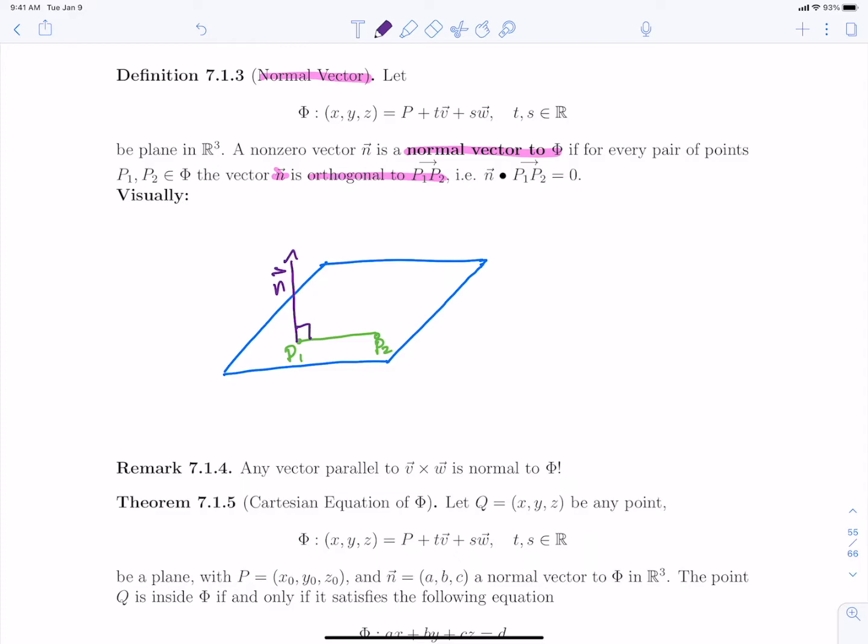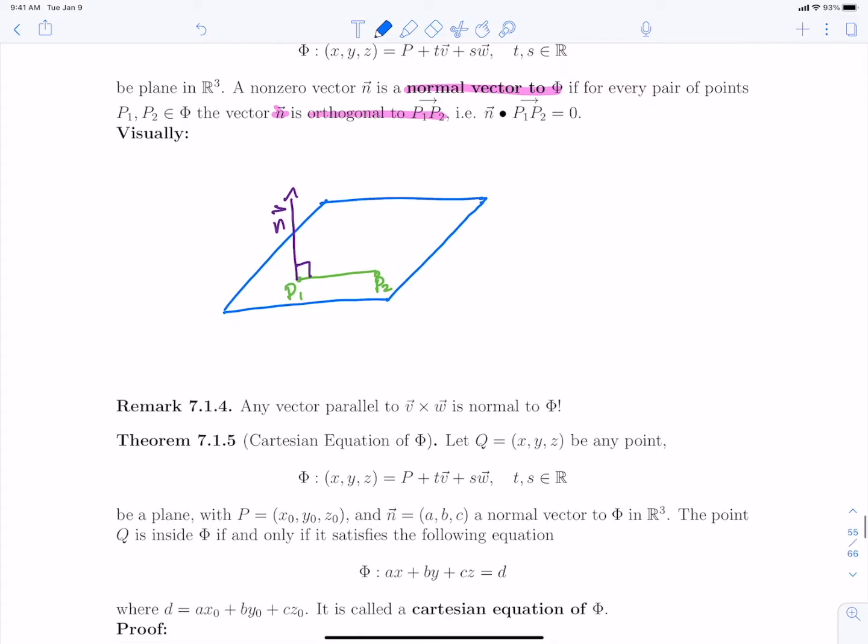Thinking of our planes as a flat piece of paper, it comes straight up from there. Now, considering that planes themselves are infinite, any plane has an infinite amount of normal vectors. And so we just need to make sure that our normal vector holds the condition that it's perpendicular or orthogonal to our plane.